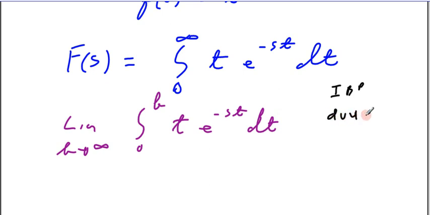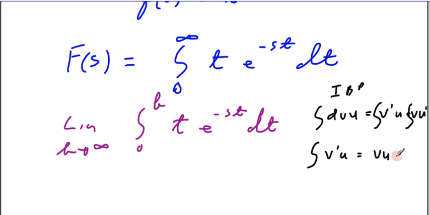That goes d(uv) = v prime u plus u v prime, or whatever it is. And then I integrate both sides, and I keep one over here. So integral v prime u is going to equal vu minus integral v u prime.